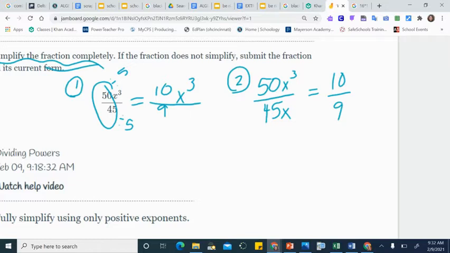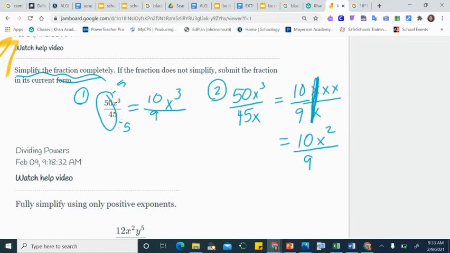And remember, x cubed means x times x times x. And then we have x on the bottom. Now, anytime we have a factor above and below, they can cancel out, meaning they divide out to equal 1. So now we've got 10 times what's left. And then the 9. That x on the bottom canceled with the 1 on top. So there's no x's on the bottom this time.